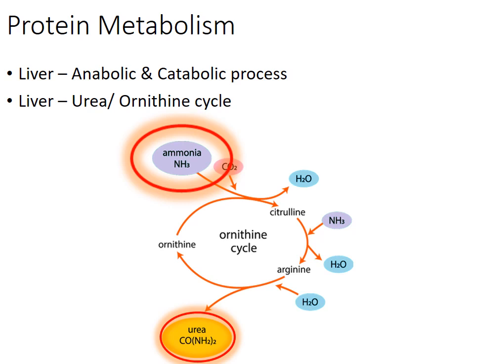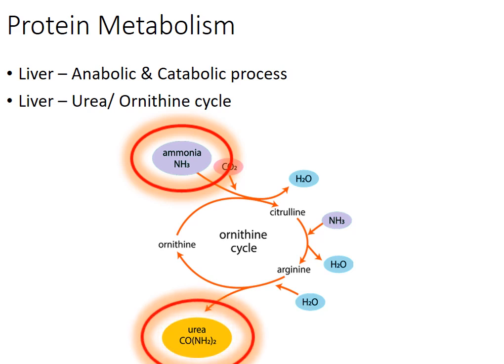The urea cycle or ornithine cycle converts excess ammonia into urea in the mitochondria of liver cells. The urea formed then enters the bloodstream, gets filtered by the kidneys, and is ultimately excreted in the urine. This lost nitrogen must then be replaced through diet.